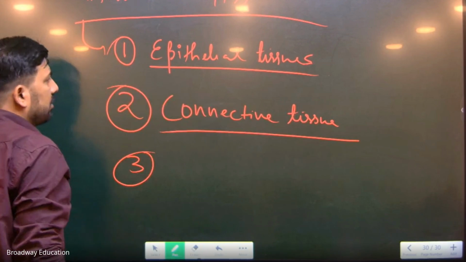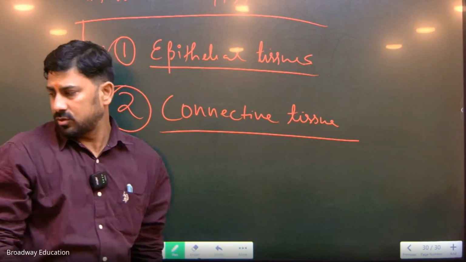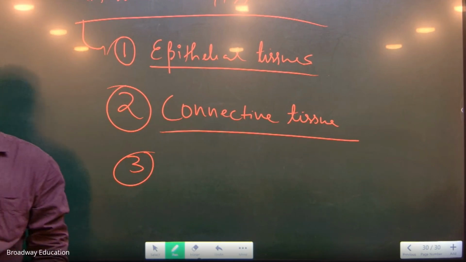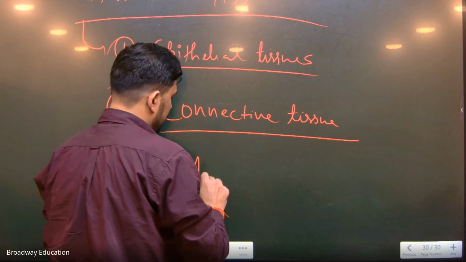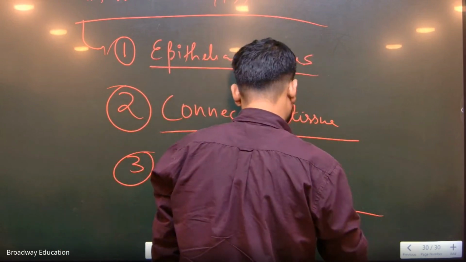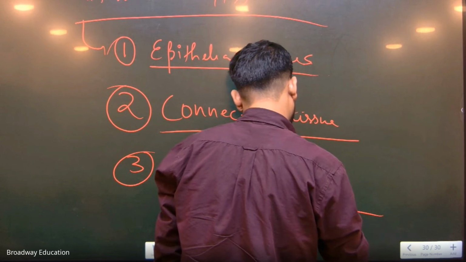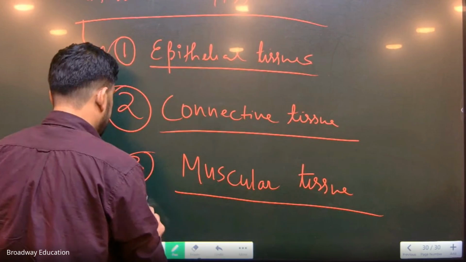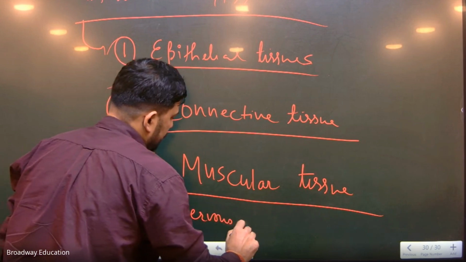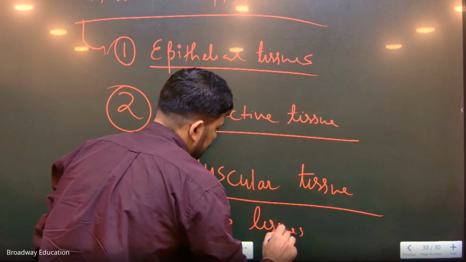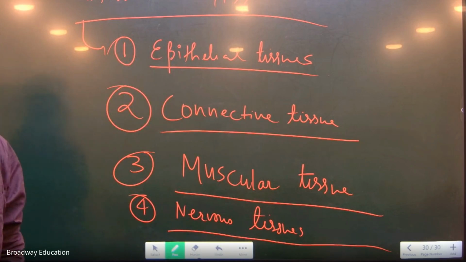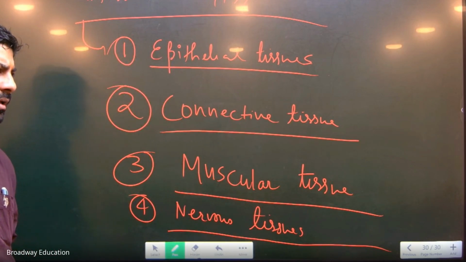Then the third one will be muscular tissue. Please write it down. And the fourth one, nervous tissue. Written, everyone? Okay.